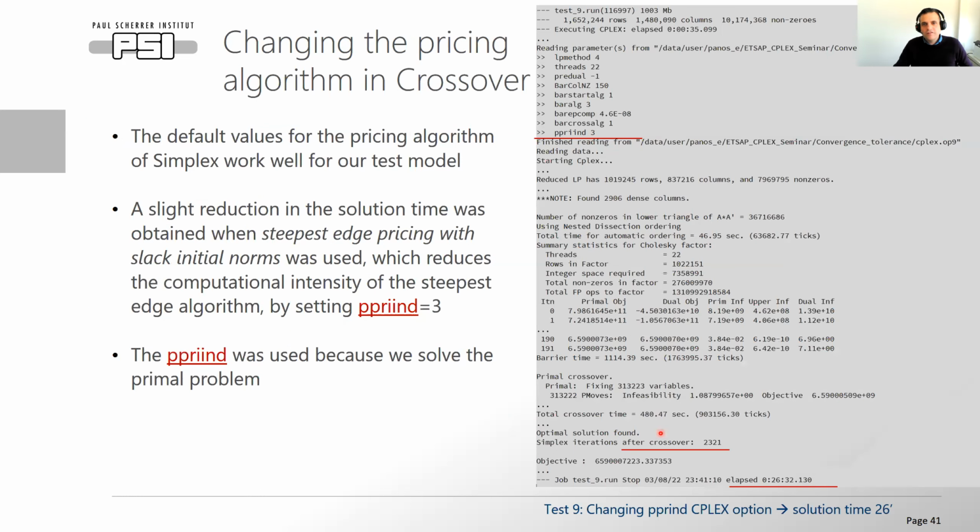And if we force here the steepest edge pricing with slack initial norms, this variant of the steepest edge pricing, then the solution time is further reduced to 26 minutes because we have reduced the Simplex iterations after the crossover. This was a faster pricing algorithm for our model.